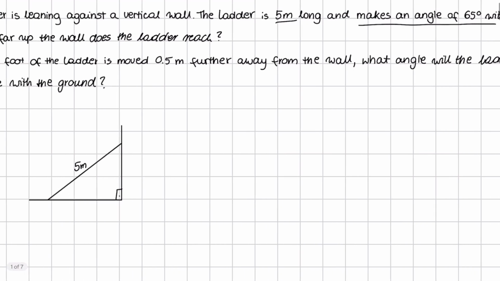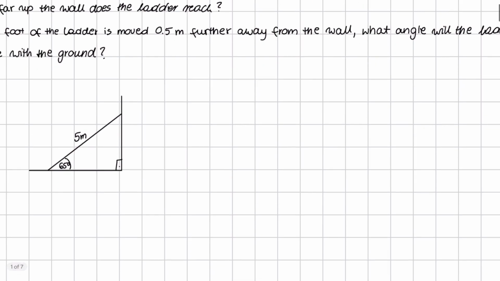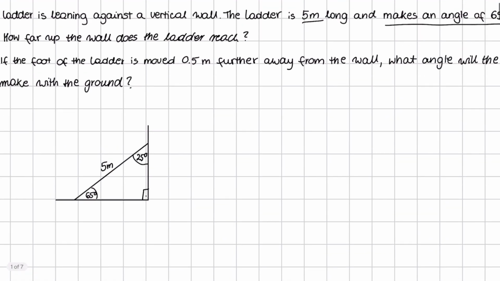And we know that the ladder makes an angle of 65 degrees with the ground. So in here we have 65 degrees, and we know that the sum of the angles in a triangle has to be equal to 180. So here we have 25 degrees, and we have to calculate this distance, because how far up the wall does the ladder reach.